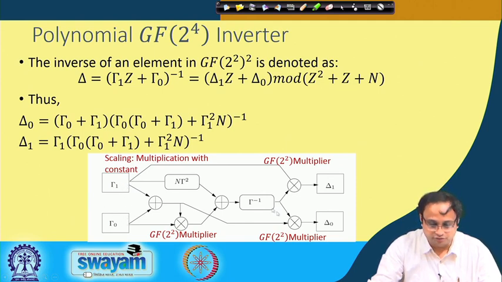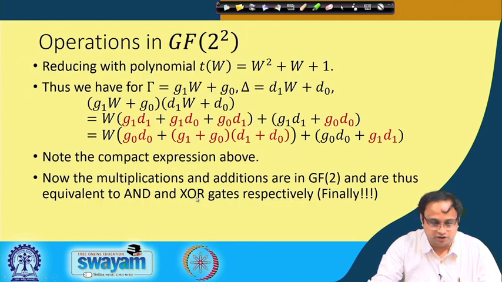If you want to realize this, then we have GF(2^2) multipliers, and the inversion is also in GF(2^2). When you are doing operations in GF(2^2), you can again decompose the elements. When multiplying two elements like gamma and delta, say gamma is G1 W + G0.